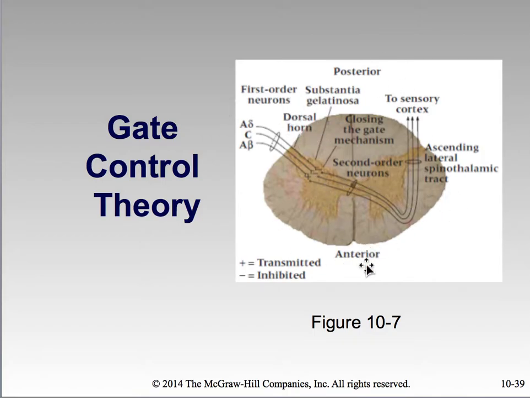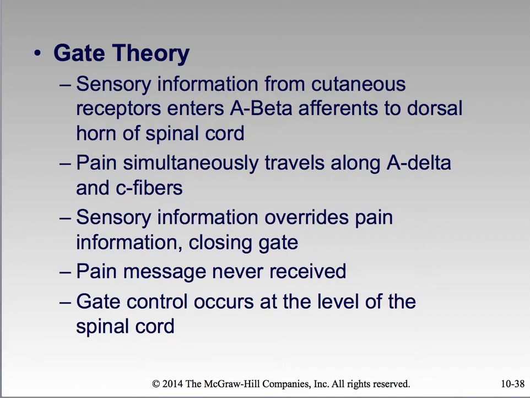You have anterior, which is the front of you, the posterior, the back of you. It's pretty intense looking if you don't know what you're looking at. But just review how the gate theory works. Basically, we use a stimulus to block that gate that overrides that pain, right? See right here? So other than that, that is chapter 10.